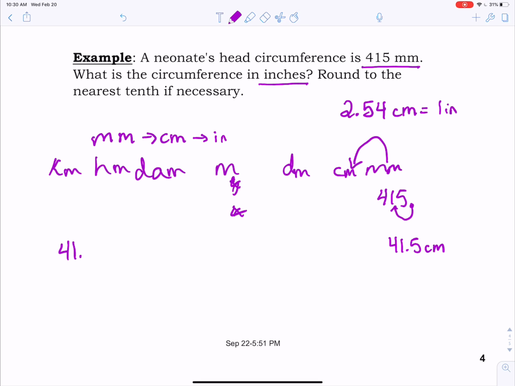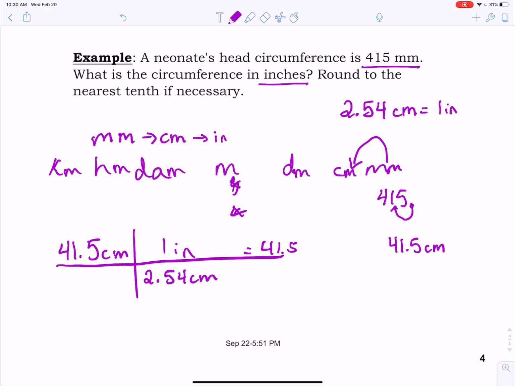Then I can use my 41.5 centimeters in my dimensional analysis and say there's 2.54 centimeters in 1 inch. When I multiply straight across, that gives me 41.5 over 2.54. My centimeters cancel out, so just inches.